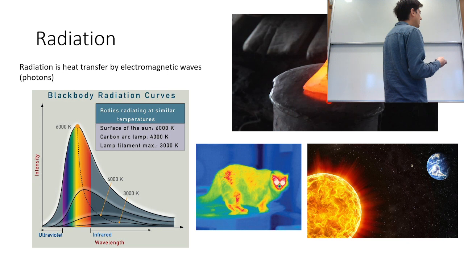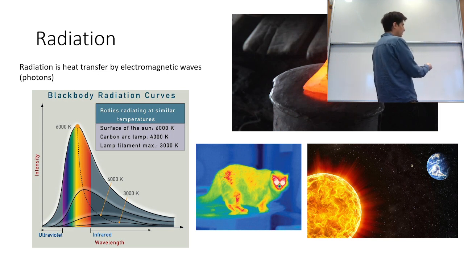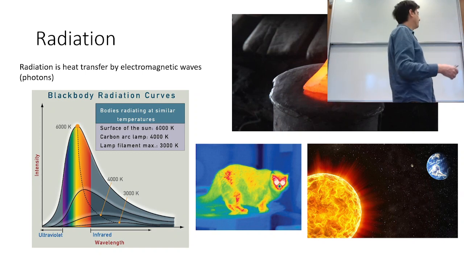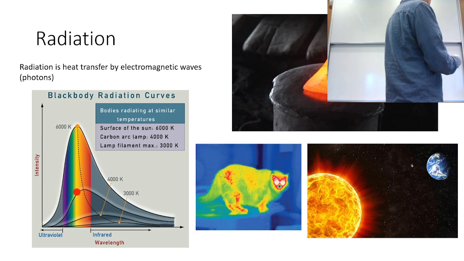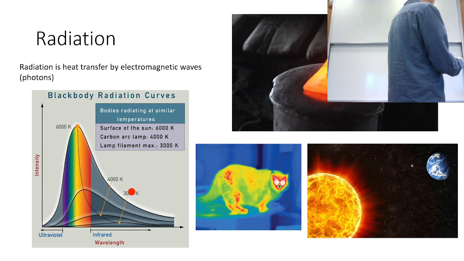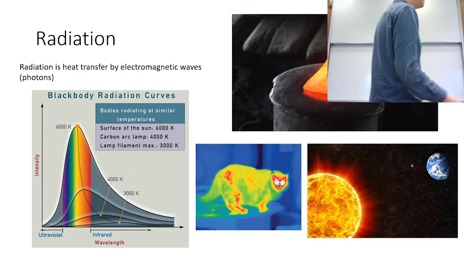So imagine that this is this thing. We can see this red light coming off because as you make things hotter, the peak of this graph tends to move to the left, right? So it's usually all the way down. The peak of this graph is somewhere like here. So if you take anything in this room, the peak is somewhere here, and in the visible range it's so dim you can't see it, right?